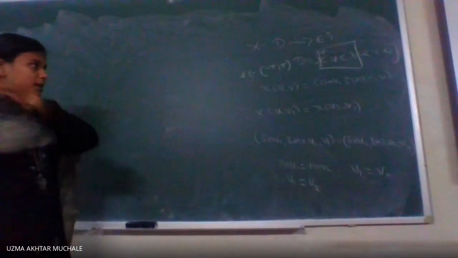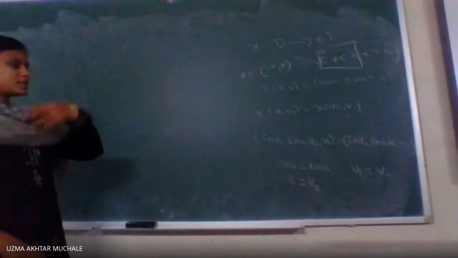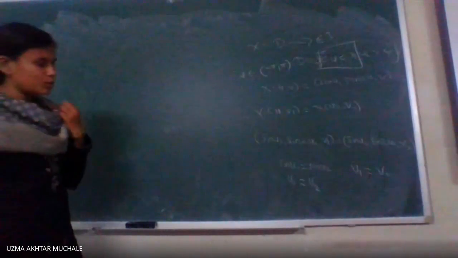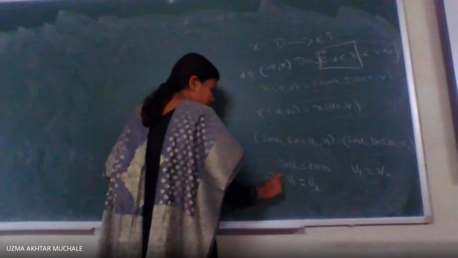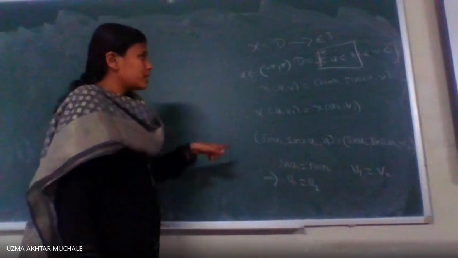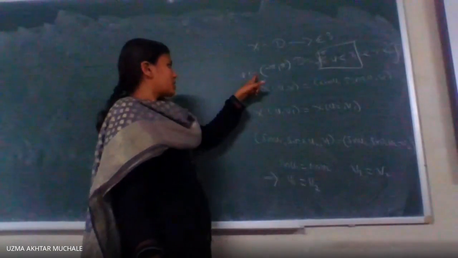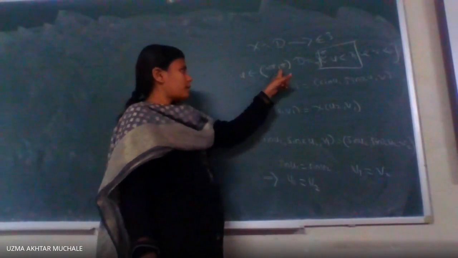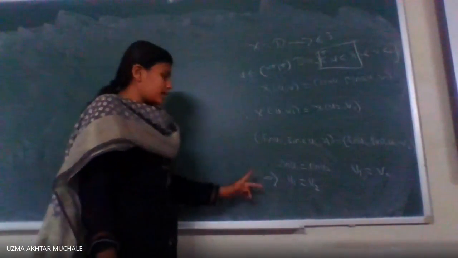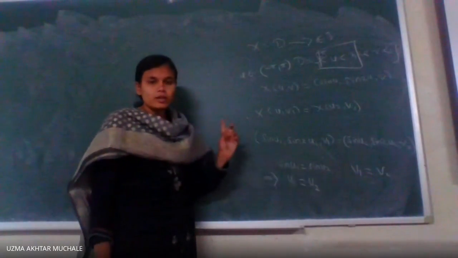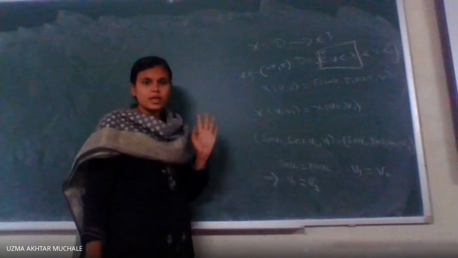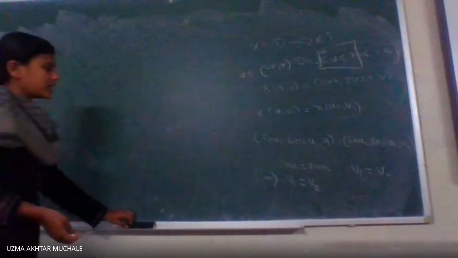Have you understood this part? Because in the particular domain itself, we can say sin u1 equals sin u2, then we can directly say that u1 is equal to u2. But if it were a closed interval, that is u belongs to the closed interval minus pi to plus pi, then at that time we cannot say u1 is equal to u2. Okay, let us go for the next one.